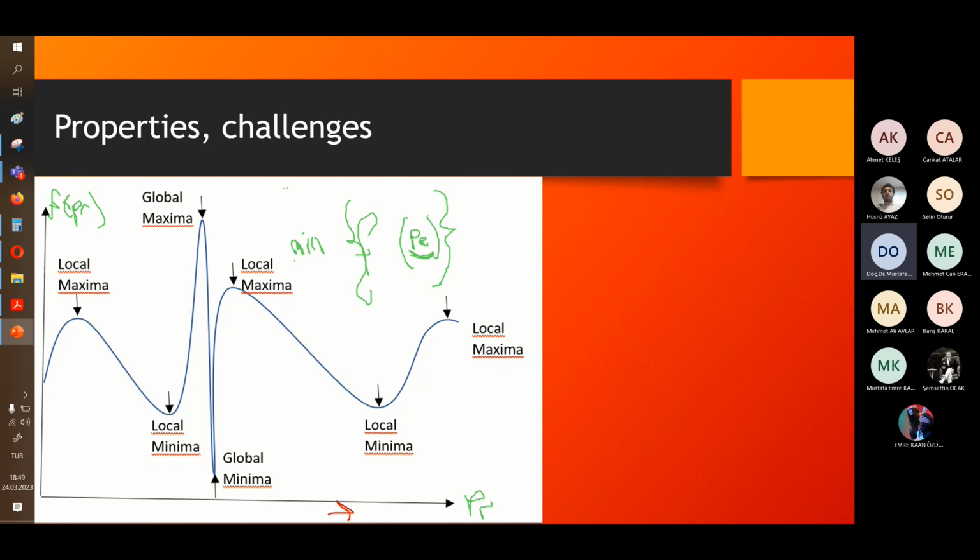What we are searching for is the pressure value that minimizes the F(PR) function. If we know the mathematical expression of F(PR), by taking the derivative and making it equal to 0 and solving it, you will find out where the local minima and maxima are, okay?